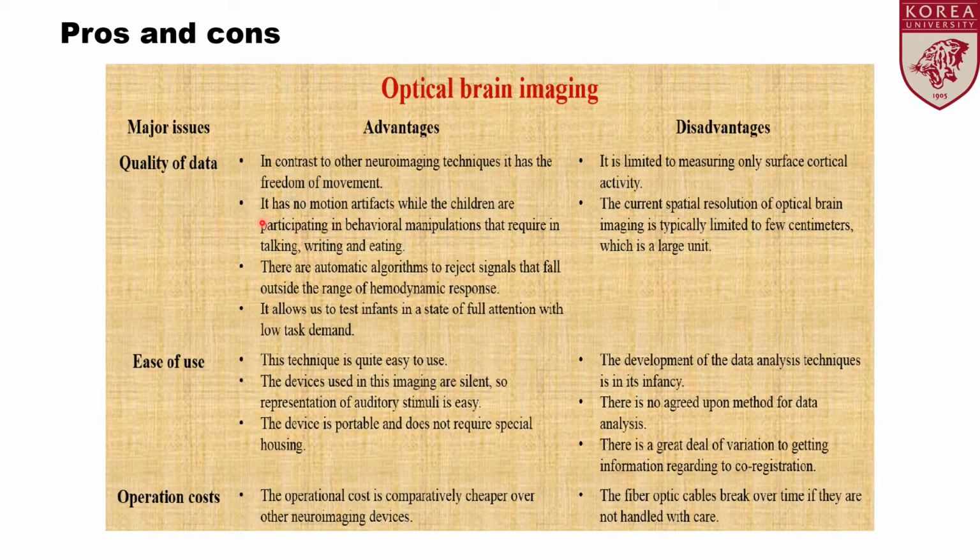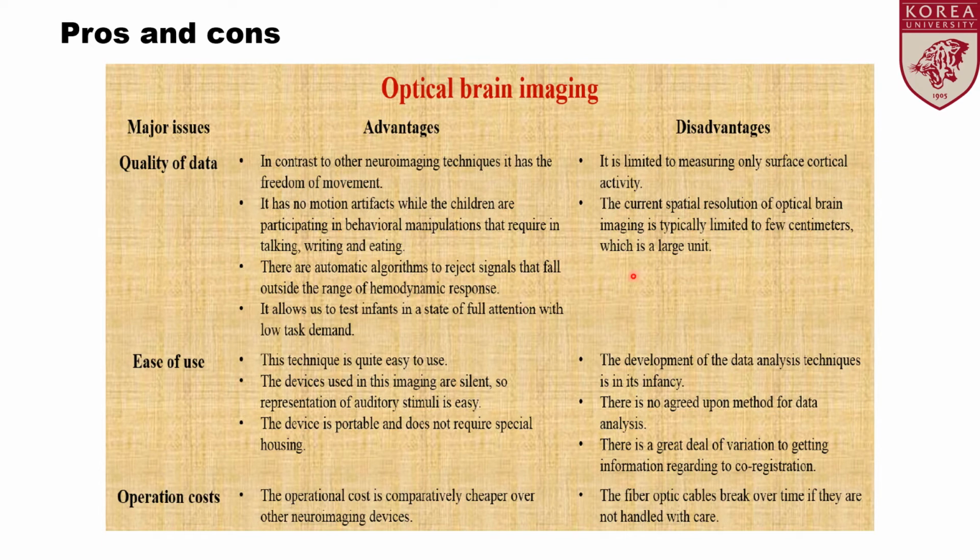It has no motion artifacts while the children are participating in behavioral manipulations that require talking, writing, and eating. There are automatic algorithms to reject signals that fall outside the range of hemodynamic response. It allows us to test infants in a state of full attention with low task demand.